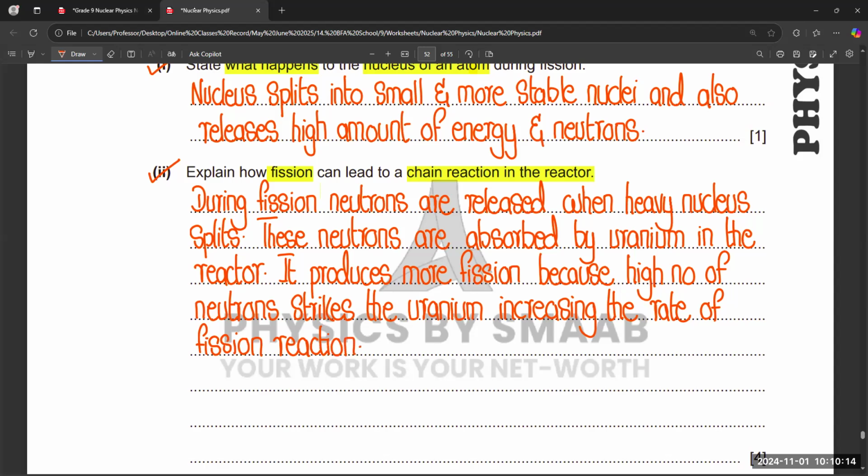And finally, there is nothing new. This process continues, and the number of neutrons we are getting increases again and again. So we are getting more neutrons. Your process increases again as compared to the previous stage, and this will give you the concept of chain reaction.